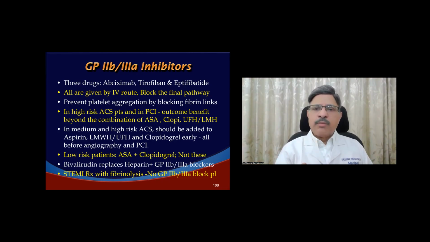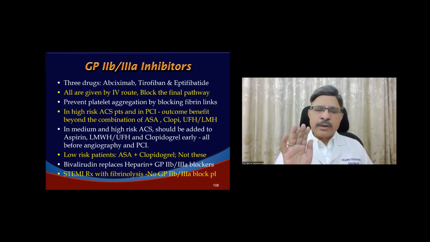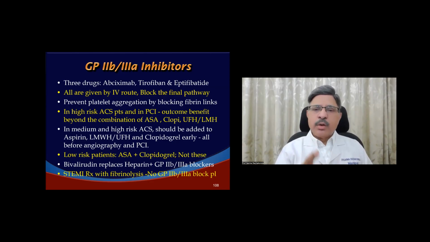So much so, fibrin is not formed from fibrinogen. Now, when do I use them? I must use them in all patients of high risk ACS, ST elevation myocardial infarction, TIMI risk score is high, patient is diabetic, elderly, reinfarction, and all these conditions. And also, when I am going to do the procedure in the cath lab, I must give one of these drugs along with aspirin, clopidogrel, and unfractionated heparin.